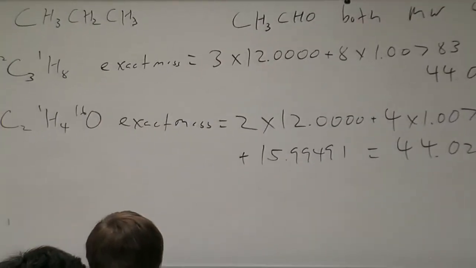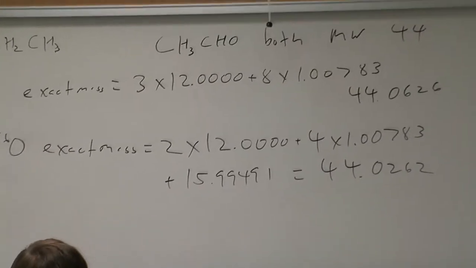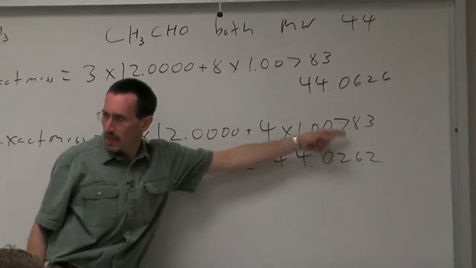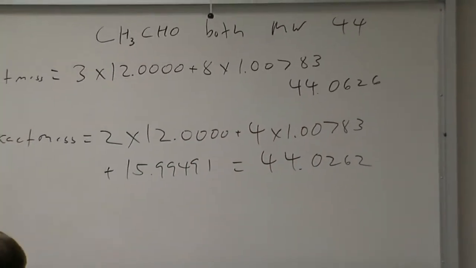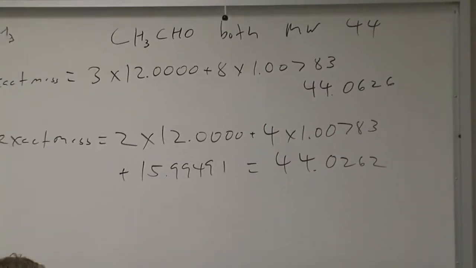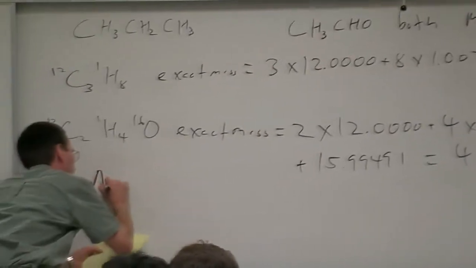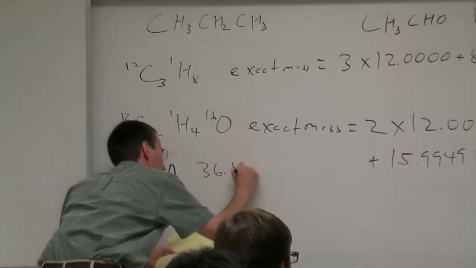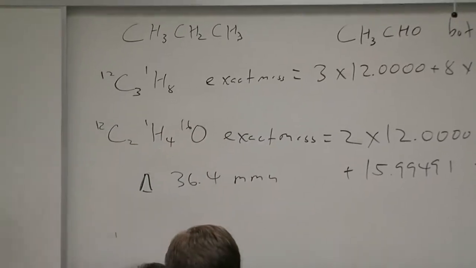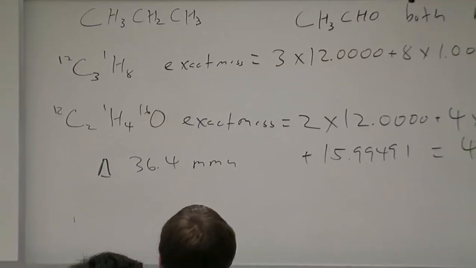So the point is that there is a significant difference at the hundredths place in mass between the two different molecules. That difference is 36.4 mmu, which actually is a lot as far as high-resolution mass spectrometry.